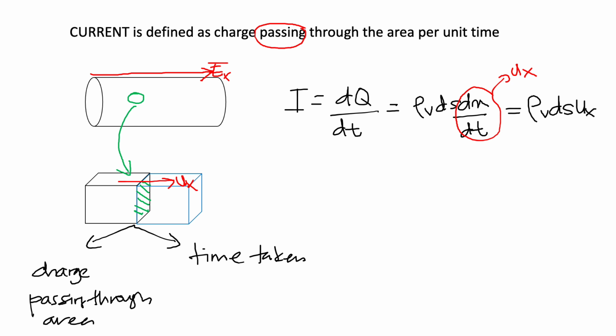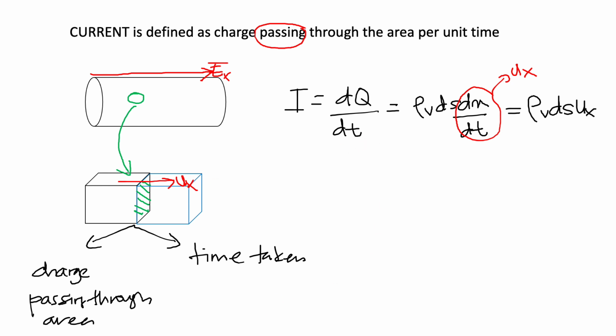So this is I, where we have the charge, the area the charge is passing through, and the time taken to move from this place to this place.